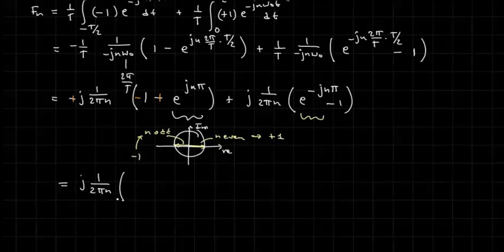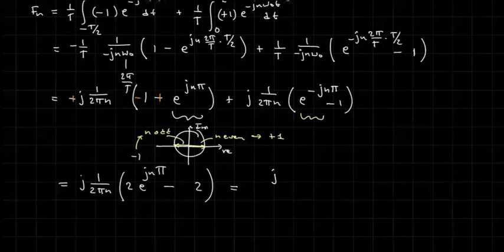We'll combine the two minus 1's to get minus 2, and then here we'll have 2e to the jn pi, where we've recognized that e to the minus jn pi gives the same values as e to the plus jn pi for integer values of n.